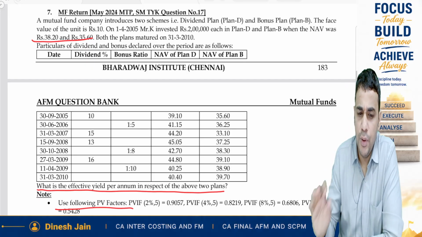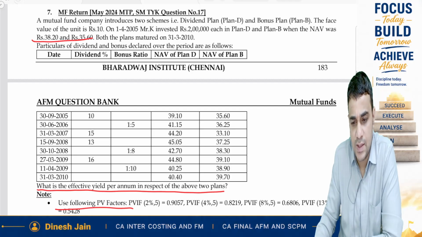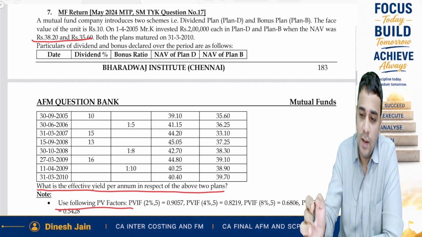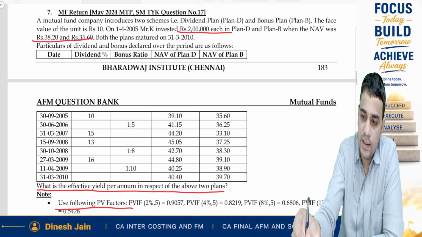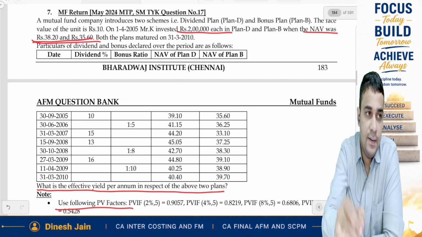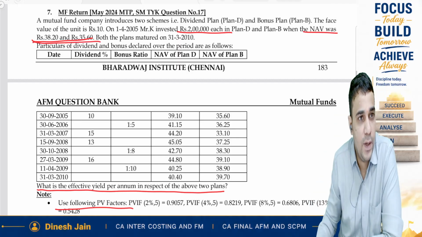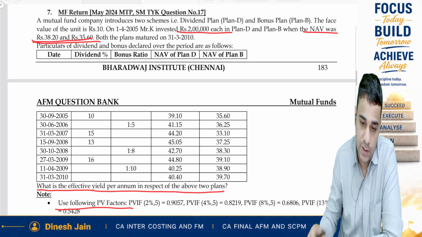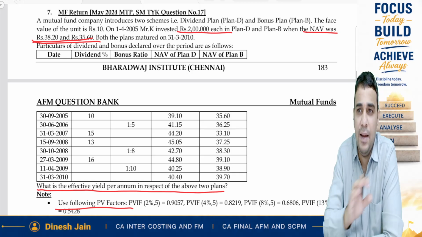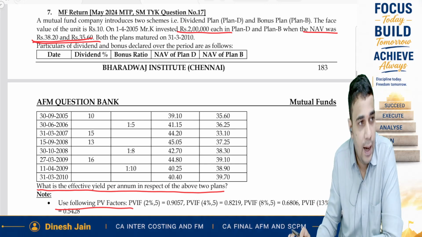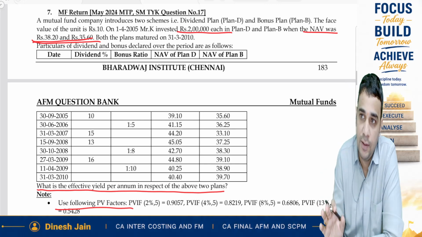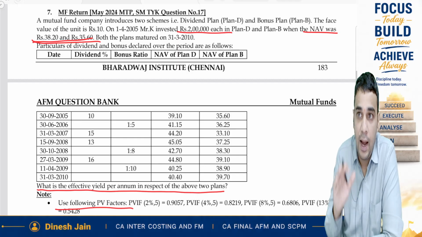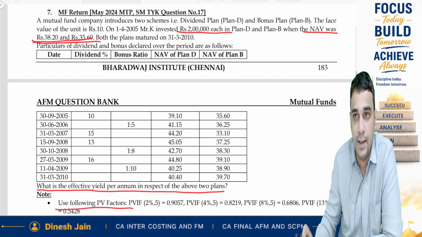Okay. A mutual fund introduces two schemes, a dividend plan and a bonus plan. Face value is 10. When I invested, there is a specific NAV. In the previous problem, when I invested, there was no NAV given, so I took face value as the NAV for the date of investment. Here they have given a lot of NAVs. I am not going to do any table. I am going to directly take the maturity value from the answer itself and focus on two ways of calculating the return.